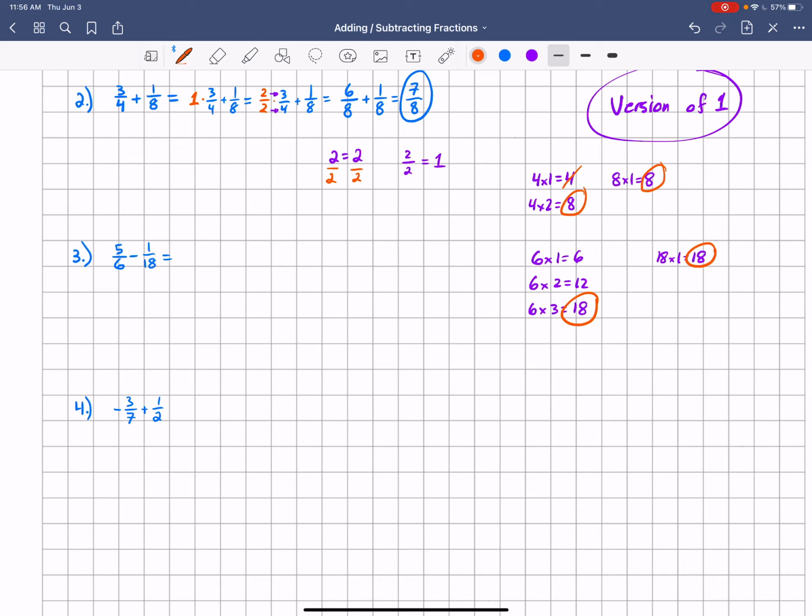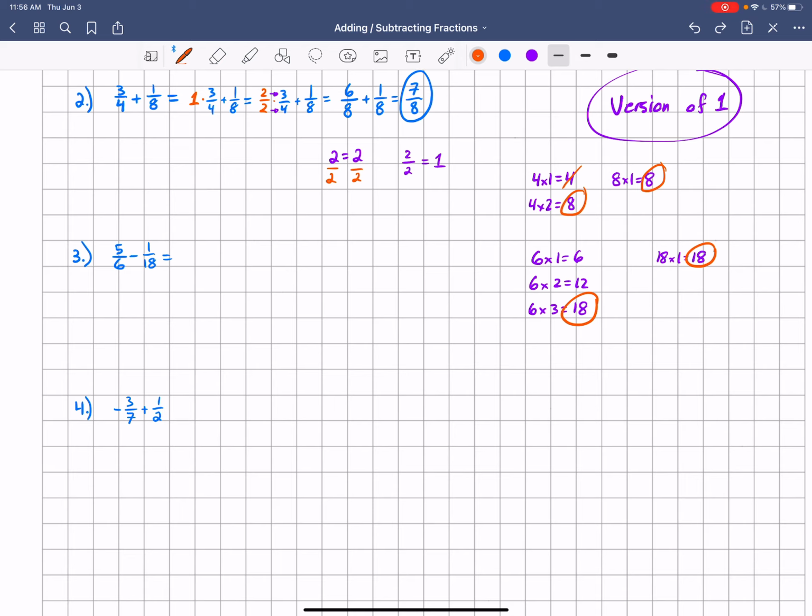So we're going to go ahead and skip over this step of explicitly showing how we came up with the fractions that were a version of 1. We're going to jump straight into looking at what we had to multiply 6 by, which was 3.